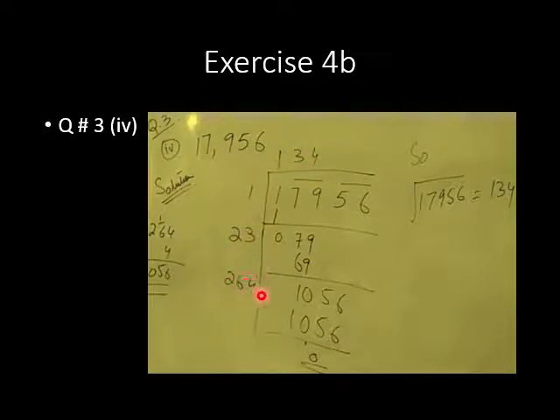We will add a digit to 26 and write the same digit. So we will multiply 264 by 4, then we will get 1056. The square root of this number is 134.